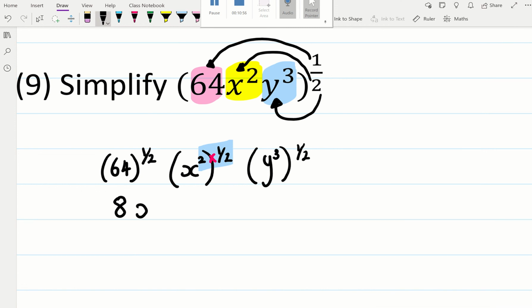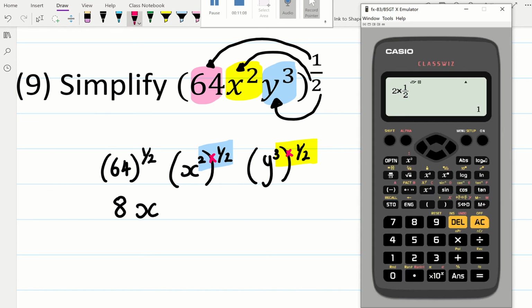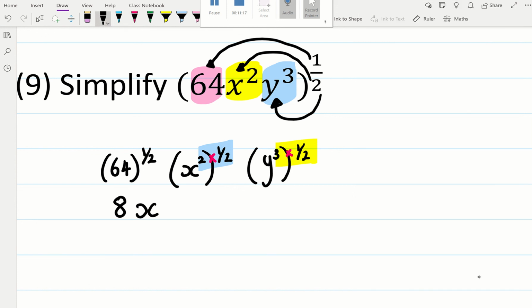So you can write x to the power of 1, but you don't have to, just x. And again, those two are being multiplied, and you get 3 times the half, which is 3 over 2, and write y to the power of 3 over 2. So each part gives you an answer. 3 parts to your answer.